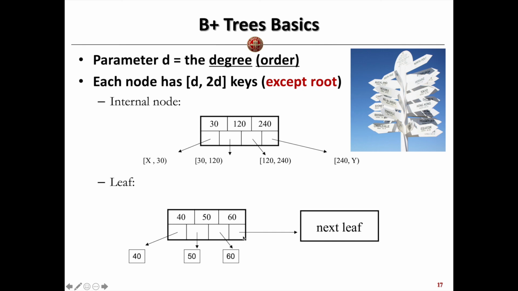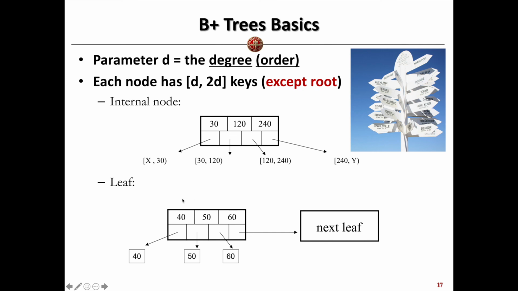Also, another difference is the last pointer. The rightmost pointer actually points to the next leaf node, in other words, the sibling node of this node. So you can follow me, right? For the internal node, these pointers are pointing to some children nodes, because these children nodes are denoting some value ranges, right, for such keys.